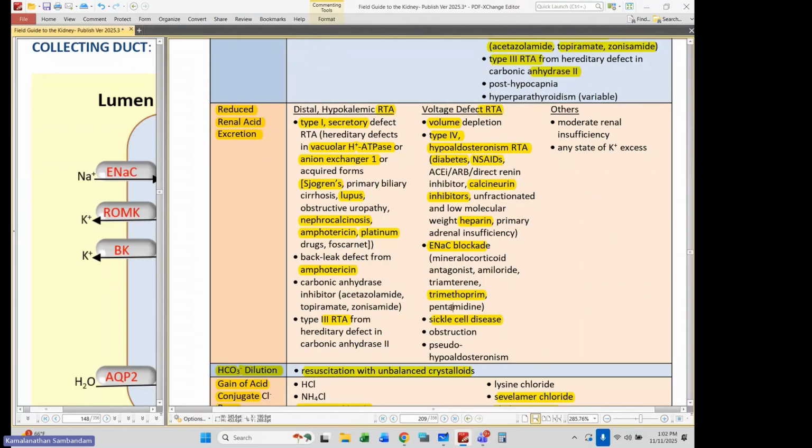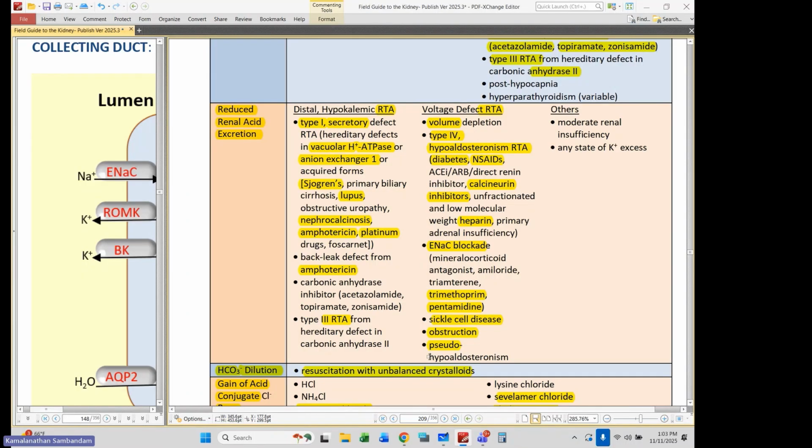Trimethoprim and pentamidine are not used for their ability to block ENaC, but have a known side effect of blocking ENaC. And so you can see with high-dose Bactrim, a patient developed metabolic acidosis and hyperkalemia because of impairment in ENaC channel activity. Okay. Some people have described a dysfunction in sodium reclamation through obstruction.